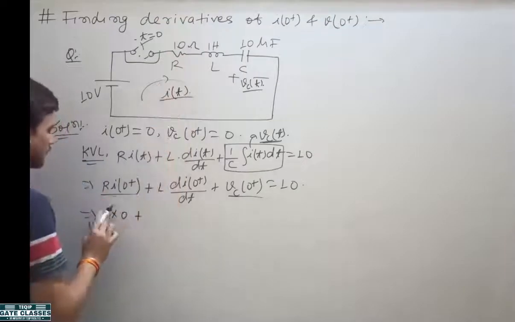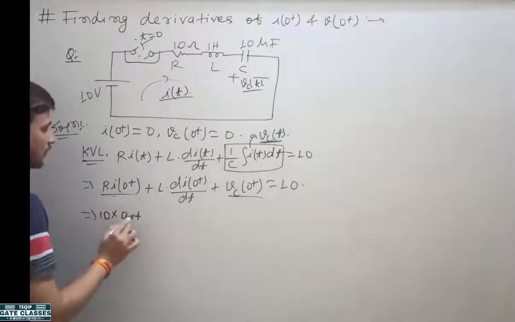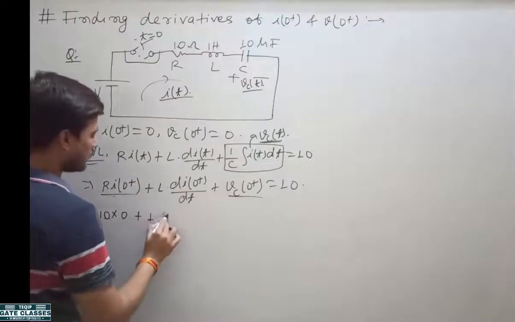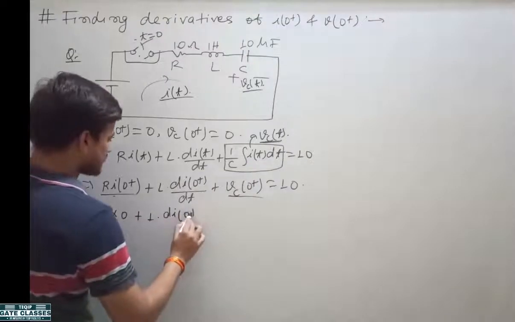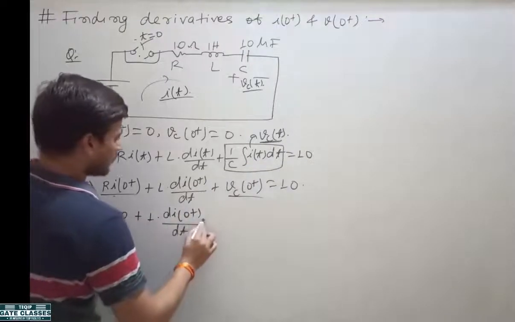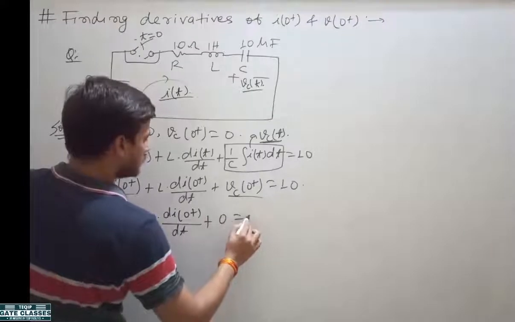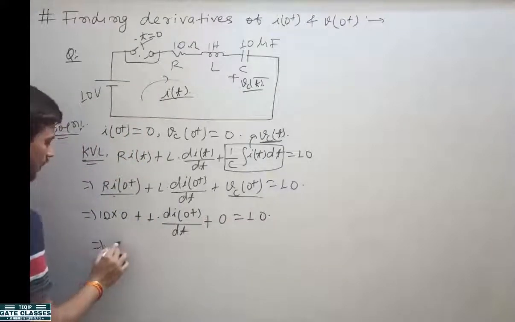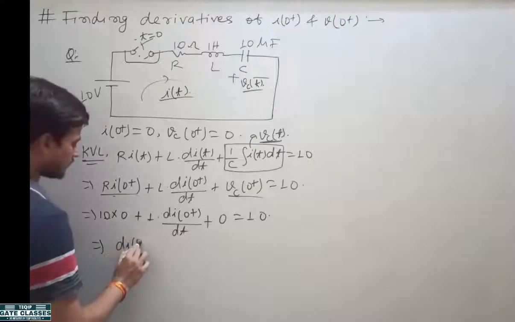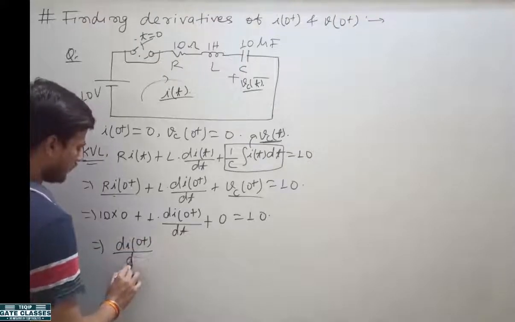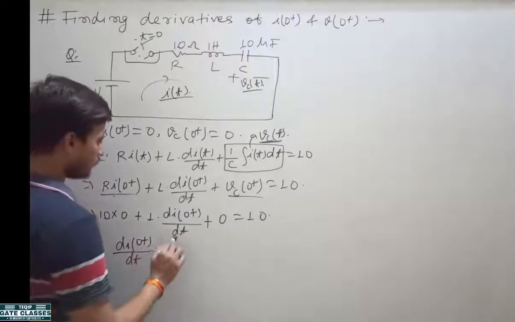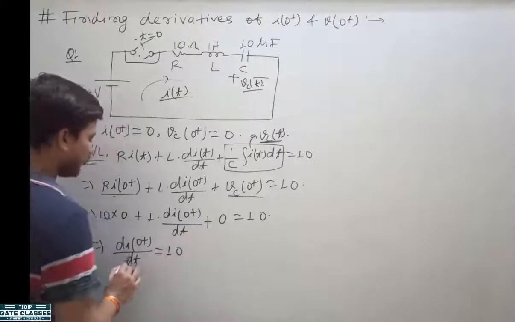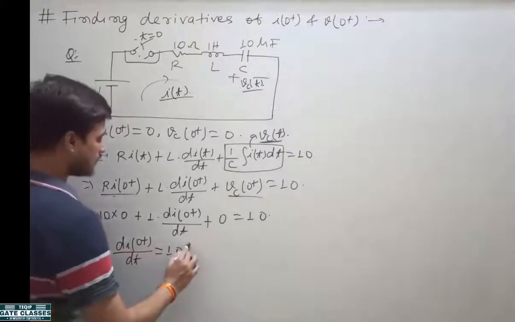So you will write 10 into 0 plus L, that means 1 into DI0 plus upon DT plus VC0 plus, which is also 0. It will be equal to 10. So from here, DI0 plus upon dt will be equal to 10. Its unit will be ampere per second.